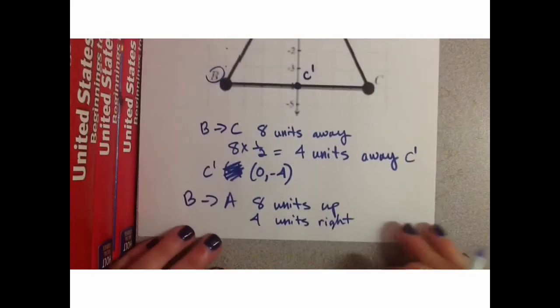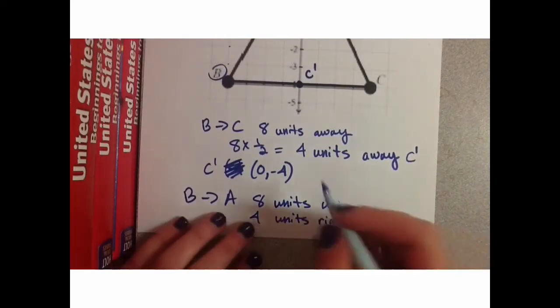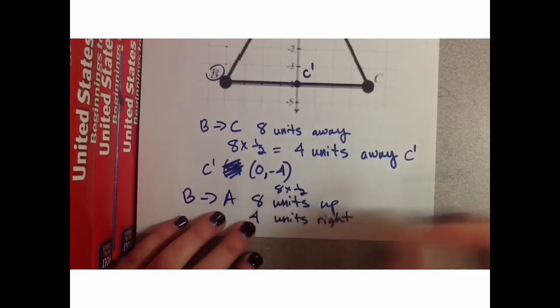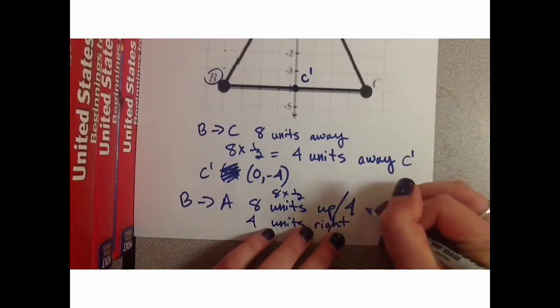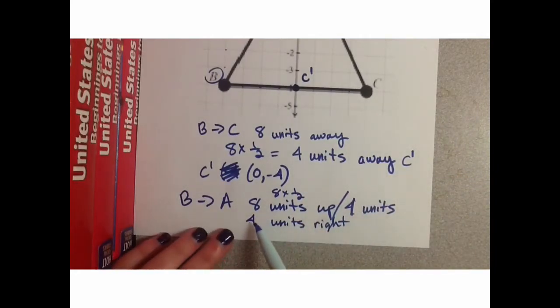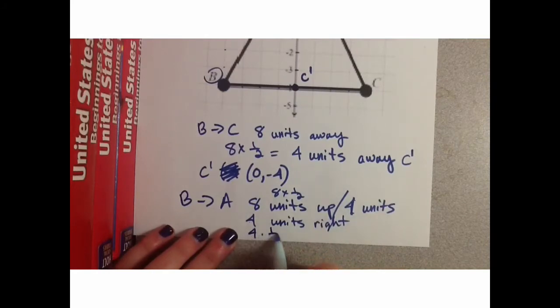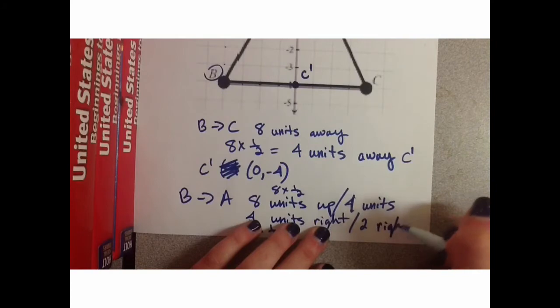So what I need to do now is take both of these numbers and multiply them by my scale factor. Well, 8 times 1/2 is going to give me 4. So A prime needs to be 4 units up, but we're not done yet. I have to multiply 4 by our scale factor. 4 times 1/2 is going to leave me with 2. So it's going to be 2 units to the right.